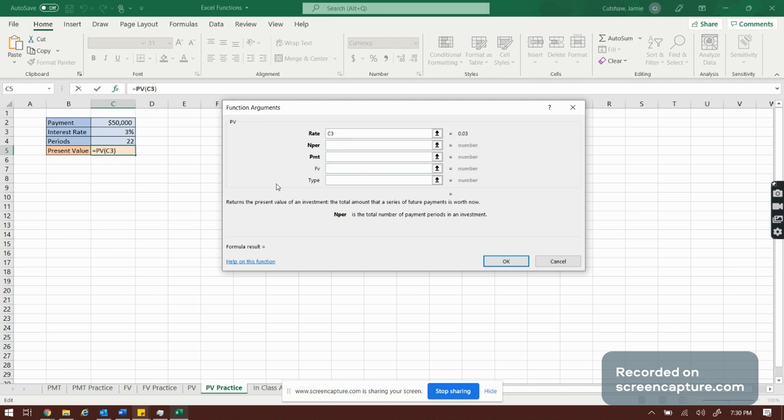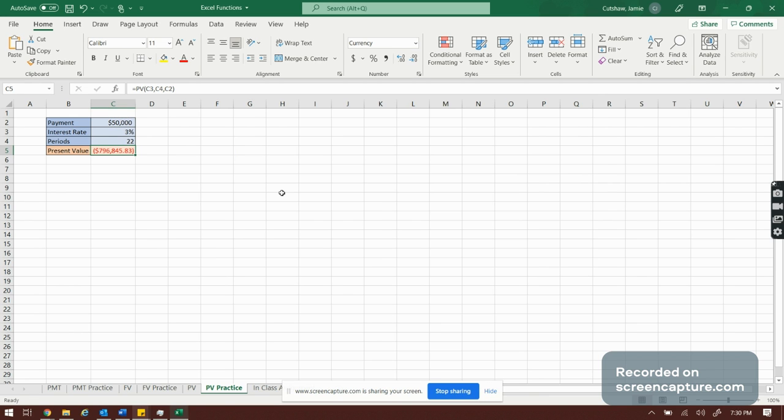Then for MPR, our number of periods for this is 22. And then lastly, for our payment, or how much money we're paying each period, it's going to be $50,000. So once you have all that, we're going to go down here to OK, and we're going to click it. Now, just like before, we got a negative number. We want to turn that into a positive number.